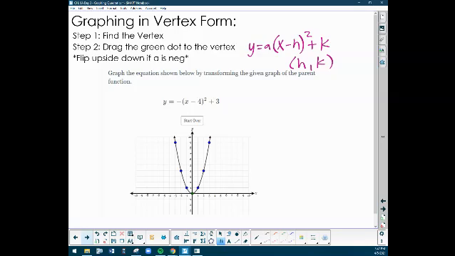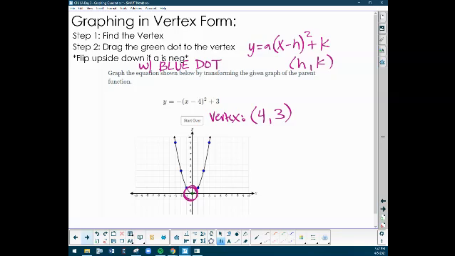So when I find the vertex of this one, it's at 4, 3. Remember, it's opposite of h, same as k. Okay, and then you're going to drag the green dot, fill in on your work template or your note sheet, the green dot, and then you flip upside down with the blue dot.